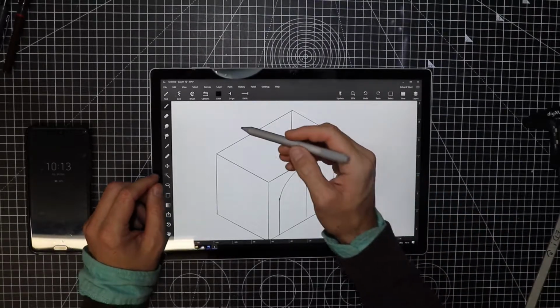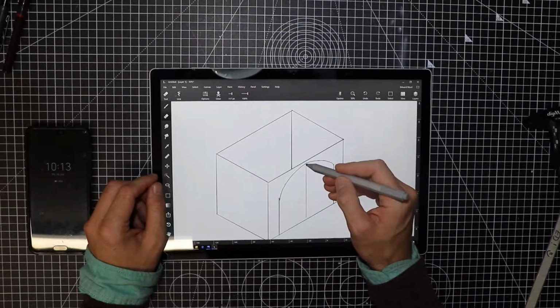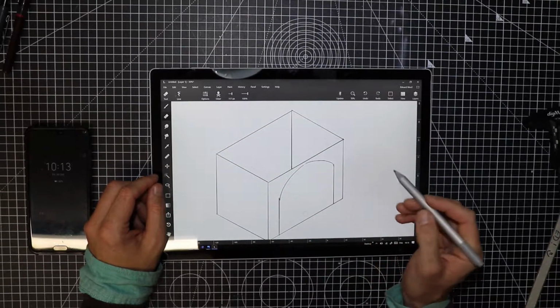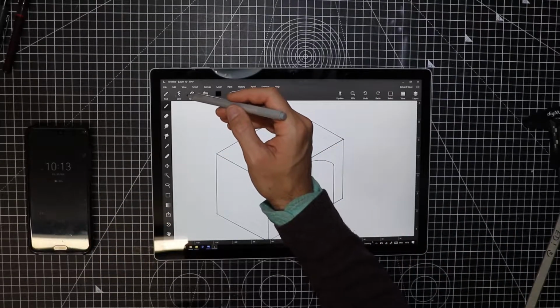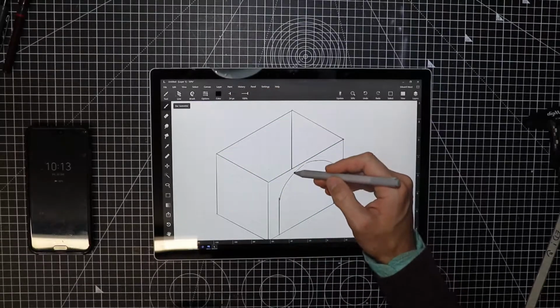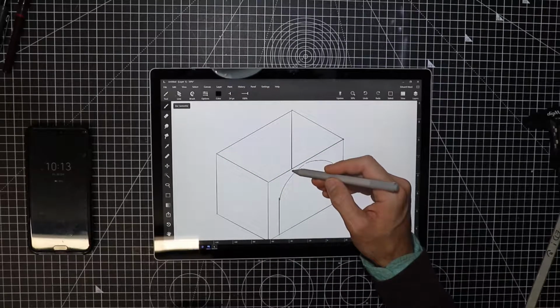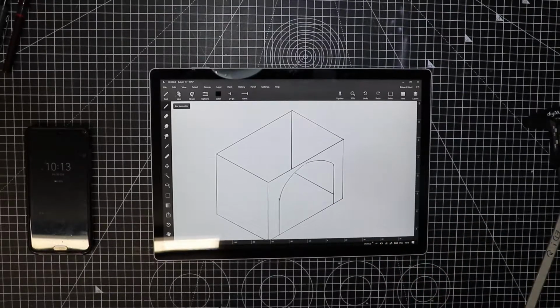I'll take it. Okay, so we've got our curve. I can erase that section there as our centre line. And what we've got here, again, let's go back into the ISO mode, because we do have that line, so that line will extend there. Okay, there's our shape.